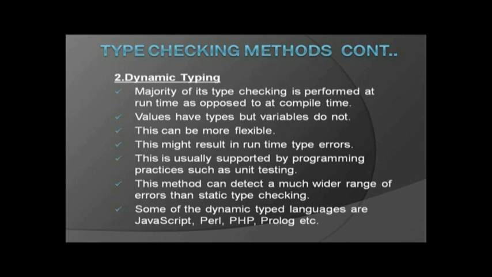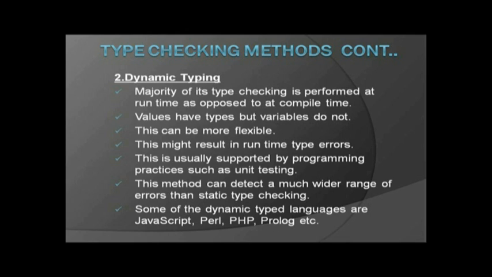Compared to static typing, dynamic typing can be more flexible. Dynamic typing may result in runtime type errors, which means at runtime a value may have an unexpected type, as if the wrong type of data was passed into a place it should not have. This may make it difficult.